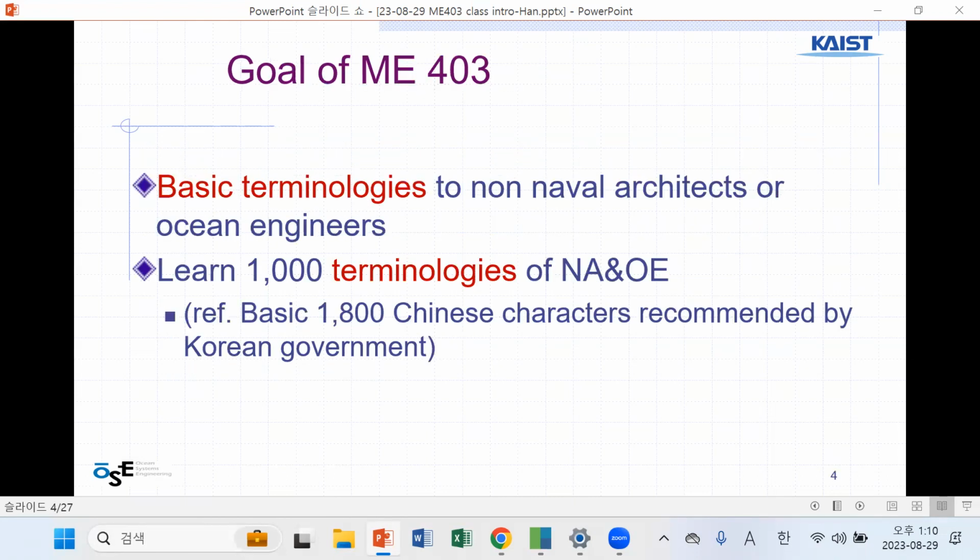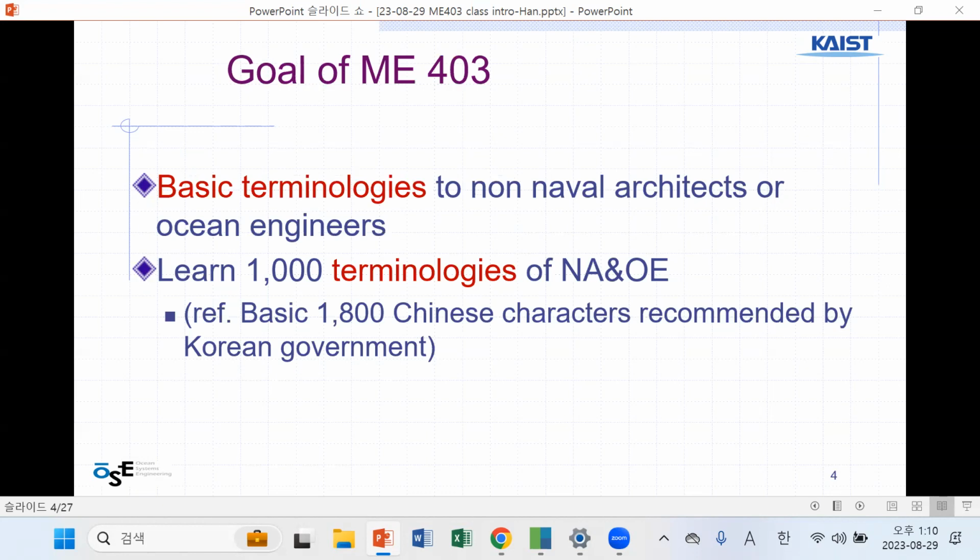So the goal of this class is, once again, the basic terminology for non-naval architects or ocean engineers. I hope you can learn around 1,000 terms of naval architecture.